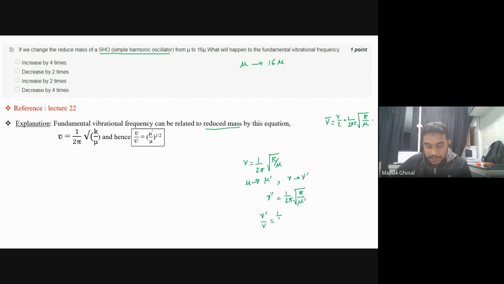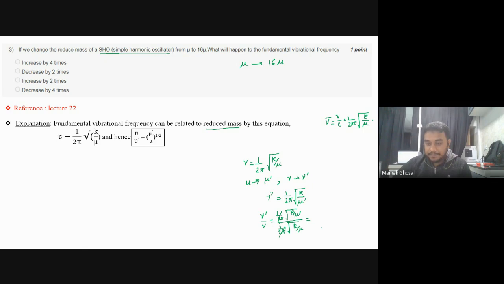The ratio will be 1 by 2 pi root over k by mu prime, divided by 1 by 2 pi root over k by mu. So this 1 by 2 pi will cancel out.